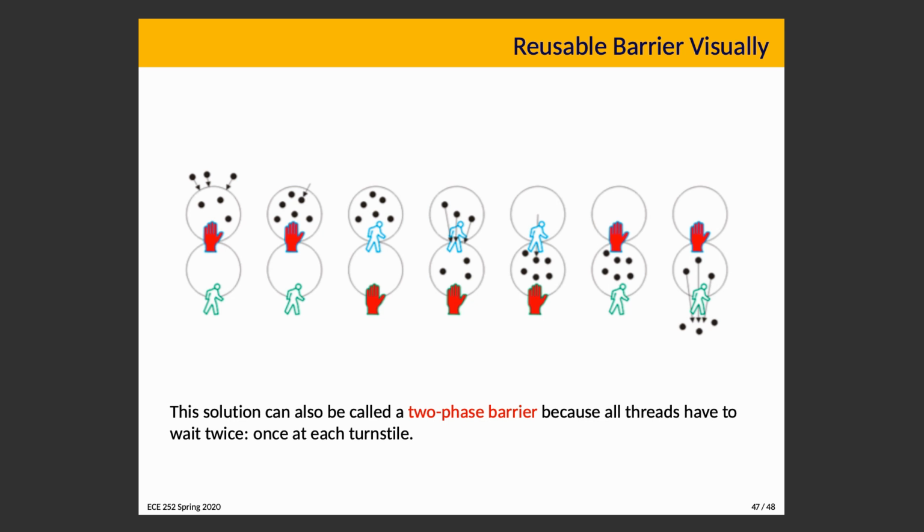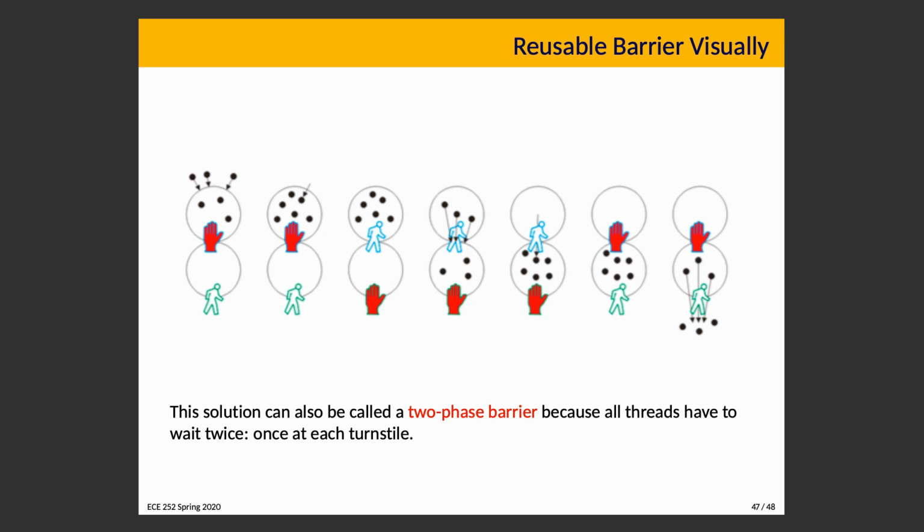So in the first part, the first turnstile is closed and the second one is open, hence the second one being represented by a walk symbol and the first one being represented by a don't walk symbol, with a little artistic license taken on shading them in and colors. So all of the threads will gather at the first barrier. That's the first image in the diagram from left to right.